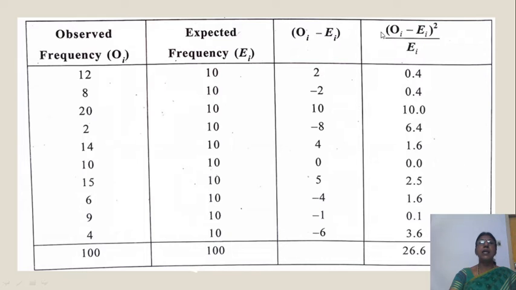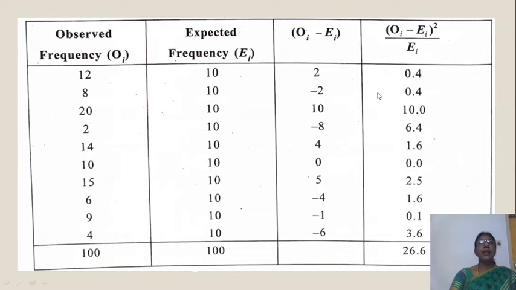Then take the squares of these values, Oi minus Ei whole square. Next, Oi minus Ei whole square by Ei, and Ei is 10. Here, Oi minus Ei whole square means 2 square by 10, 4 by 10, that is equal to 0.4.